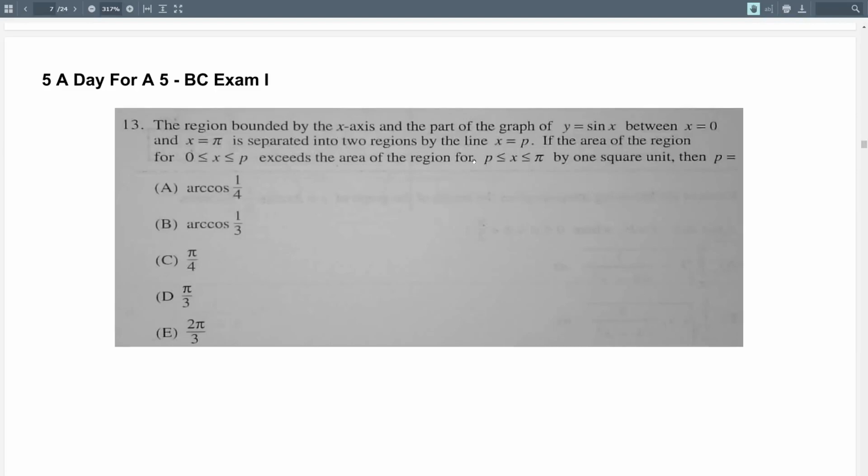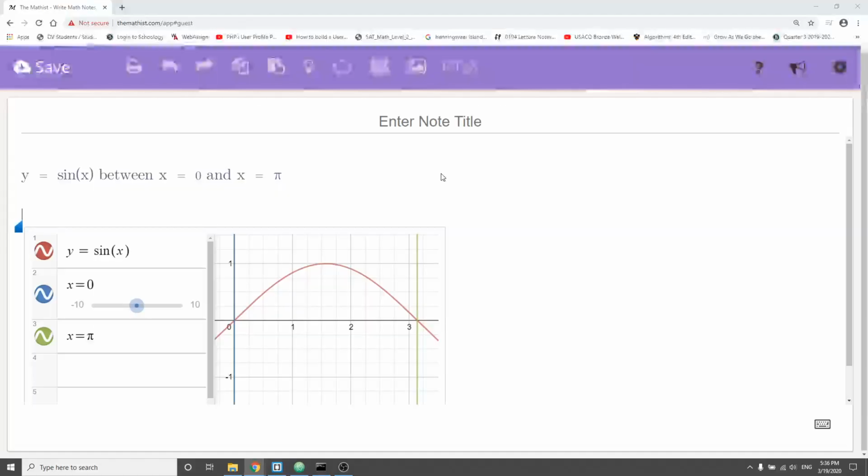So let's interpret this part into math terms. If the area of the region from 0 to p exceeds the area of the region from p to pi by 1 square unit, what does that mean exactly?